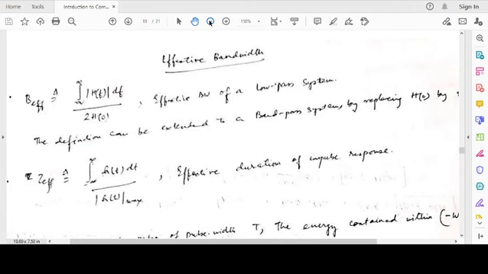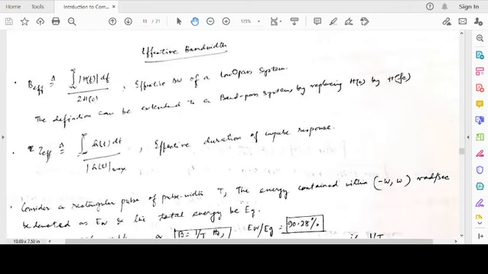Let's see what is effective bandwidth. Effective bandwidth is typically defined with respect to a low pass system. If I have a low pass transfer function H(f), the effective bandwidth is defined as the integration from minus infinity to infinity of |H(f)| df, normalized by 2H(0), the value at f equal to 0.